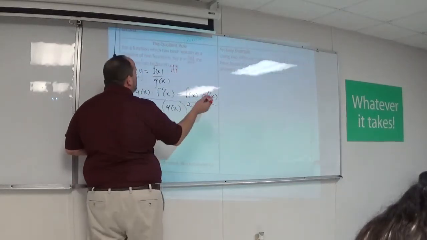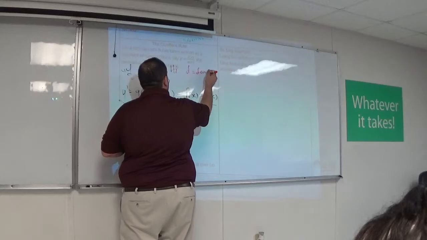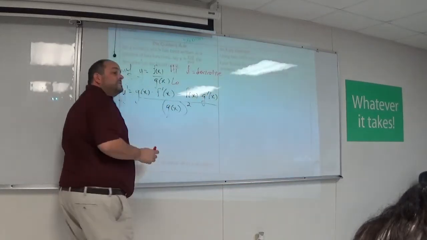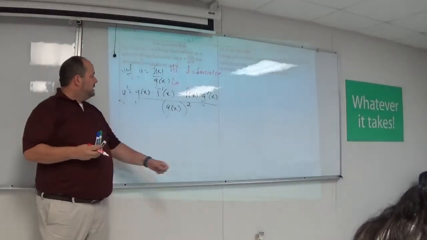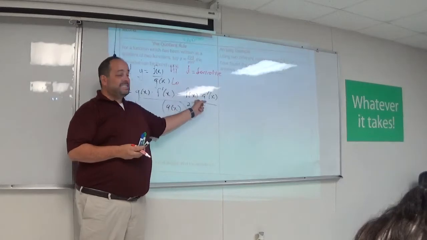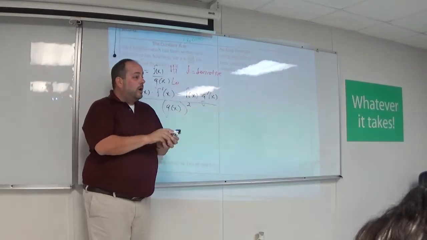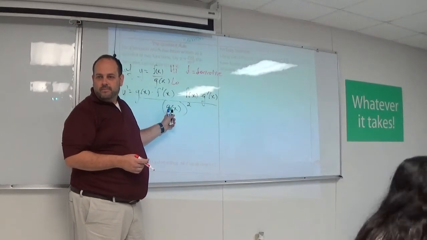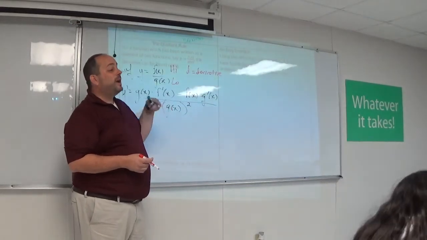D means derivative. Low is the denominator. Low times the derivative of the high, minus high times the derivative of low, all over low squared.